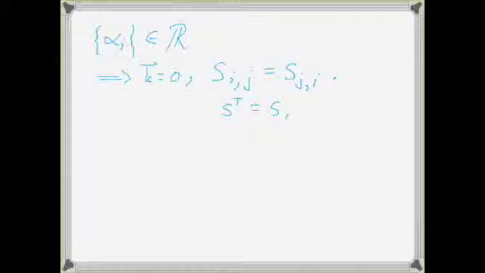And for k not equal to 0, S is going to be Hermitian, because then the Bloch functions become complex.